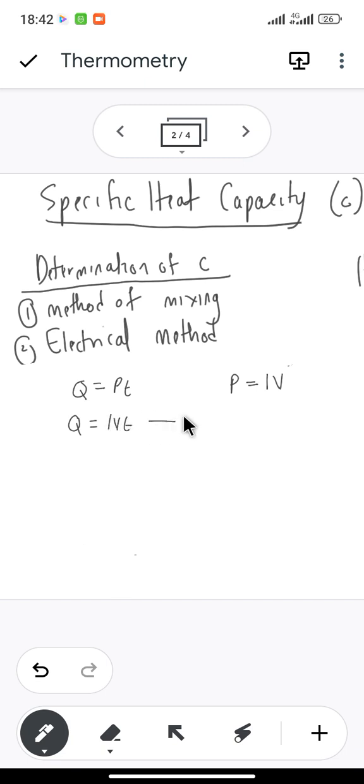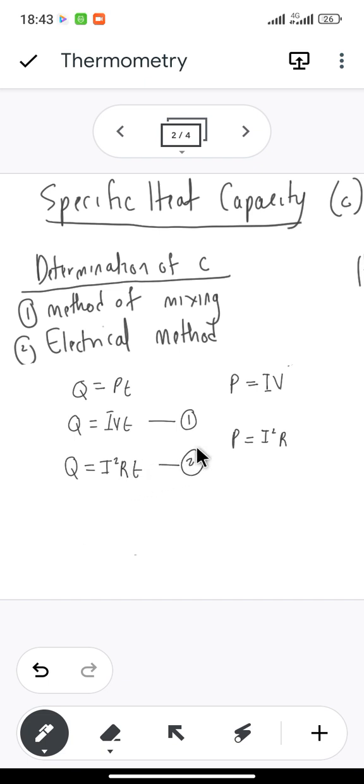This is one formula. And we also know that power is also equal to current squared times resistance. So you can make this capital I if you choose to. So if you substitute this again, you have Q is equal to I squared R times time.